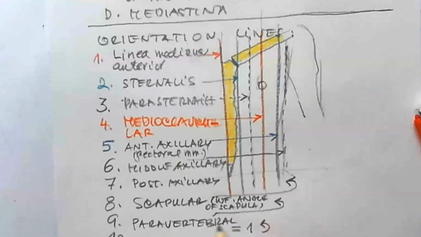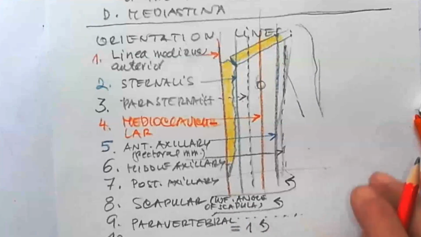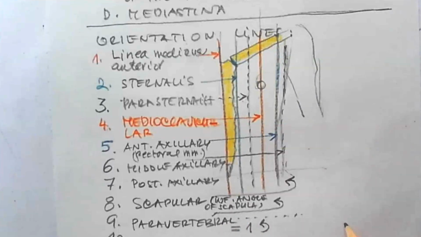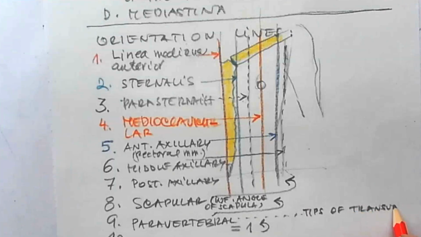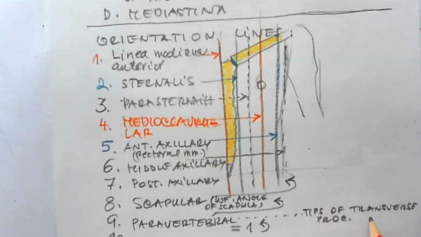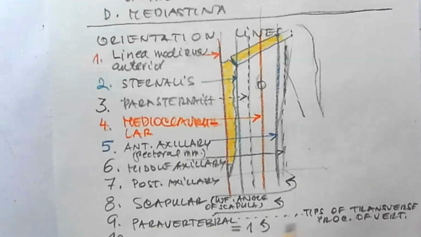Paravertebral passes, maybe we need one more word. Paravertebral passes through the tips of transverse processes of vertebrae. This is sufficient.